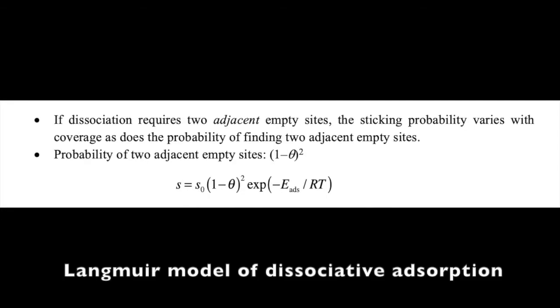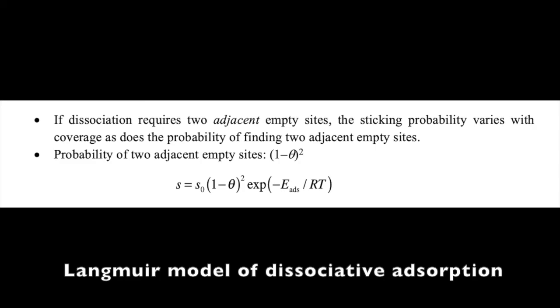The same ideas can be applied to dissociative adsorption. If dissociation requires 2 adjacent empty sites, then the sticking probability varies with coverage, as does the probability of finding 2 adjacent empty sites. The probability of finding 2 adjacent empty sites is 1 minus theta, the quantity squared.